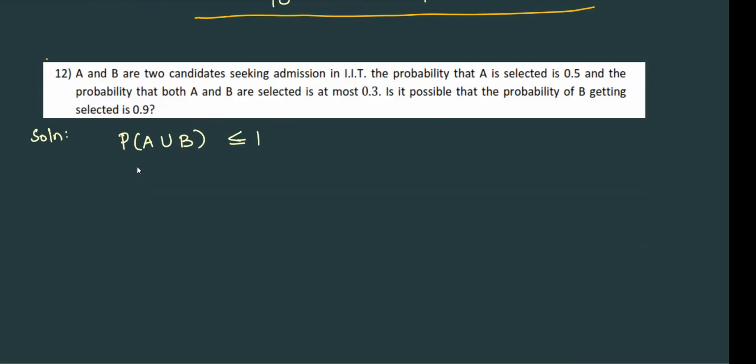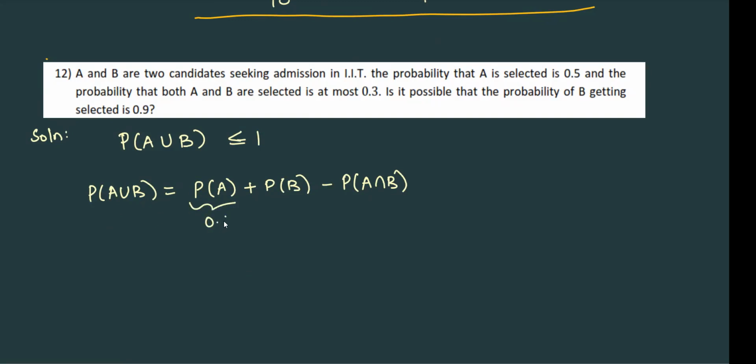So, P of A union B is P of A plus P of B minus P of A intersection B. Now, given that this is equal to 0.5 and this is at most 0.3.